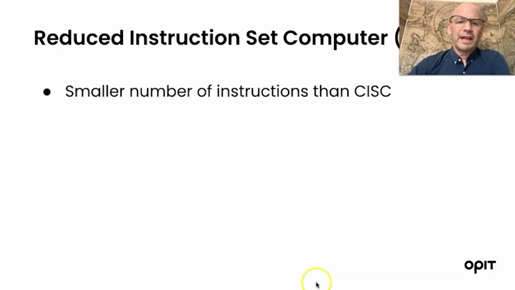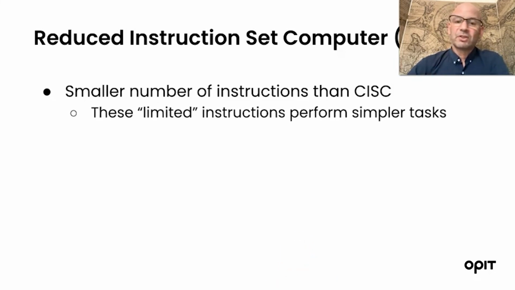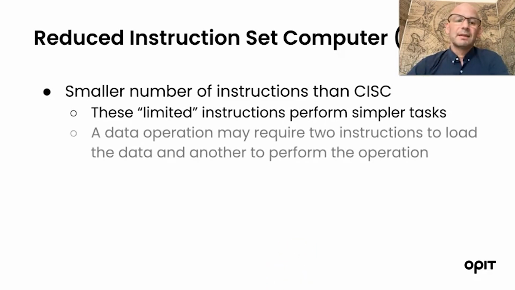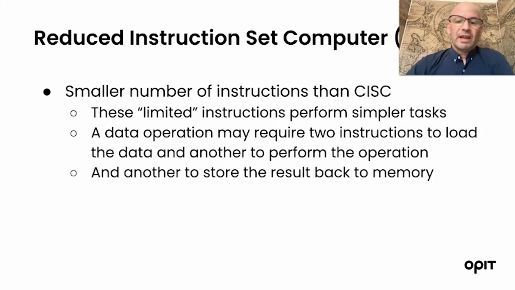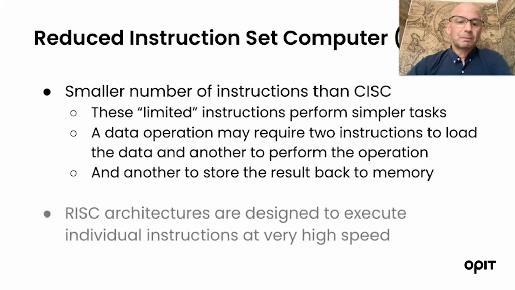RISC computers, on the other hand, have a smaller number of instructions than a CISC, but more registers available. That reduces the need to access system memory, and this in itself saves time. These limited instructions perform simpler tasks. A data operation may require two instructions to load the data and another to perform the operation, and then again another to store the result back to memory, so multiple instructions.